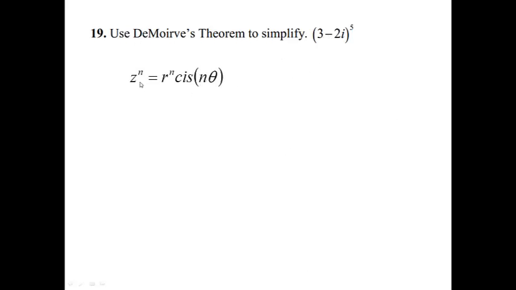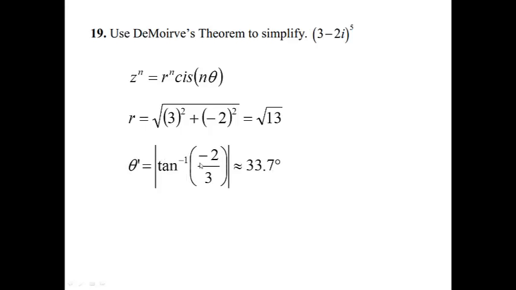De Moivre's theorem. De Moivre's theorem says when you're given a complex number to an exponent, that's going to equal the absolute value to that exponent, cis the exponent n times the angle. So we're going to find r. R is rad 13, and the reference angle is the arctangent of negative 2 over 3, which is 33.7.